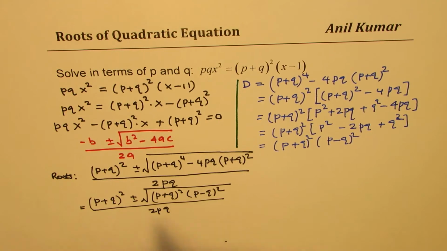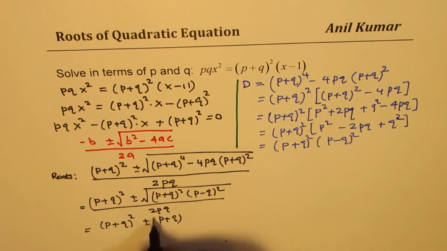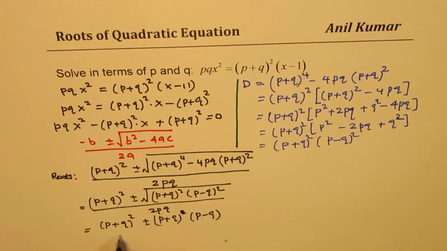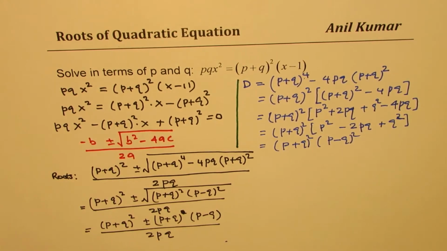Now the square root and square will kind of cancel away. So we are left with (P+Q)² ± (P+Q)(P−Q) in the numerator, divided by 2PQ.